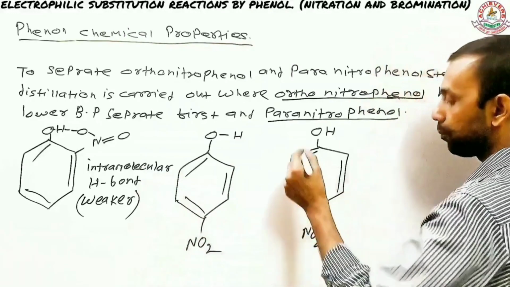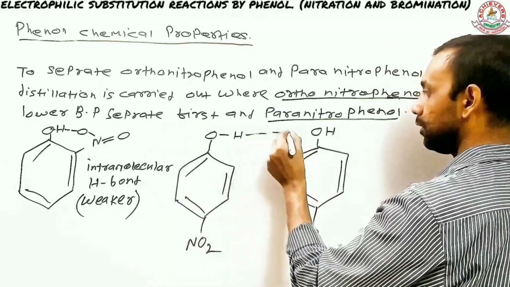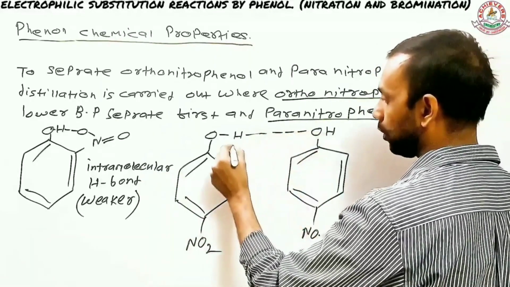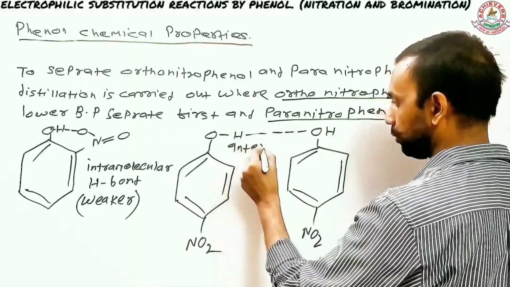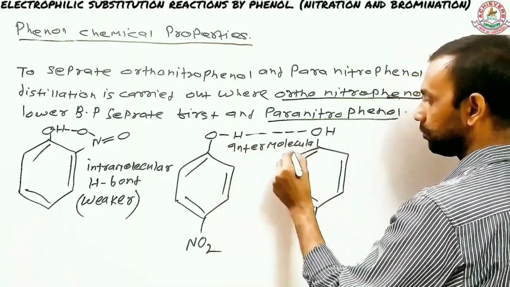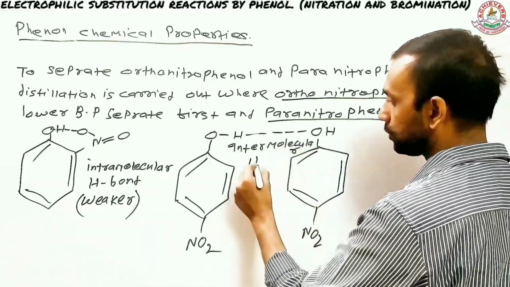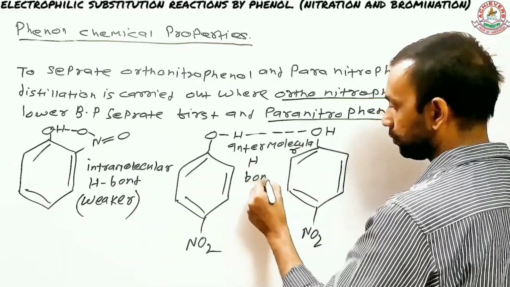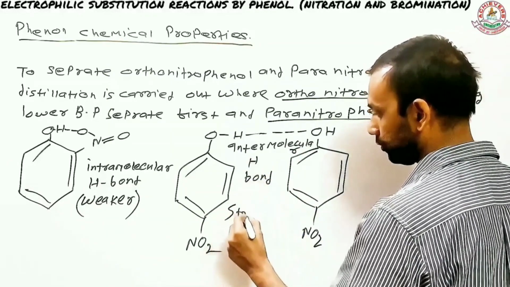So this is called an intermolecular hydrogen bond.